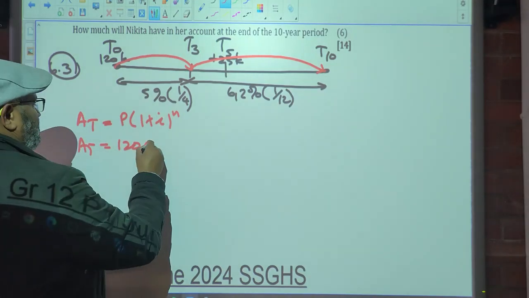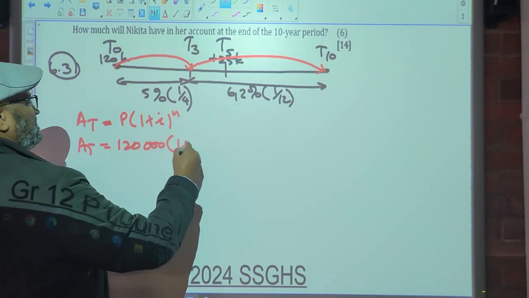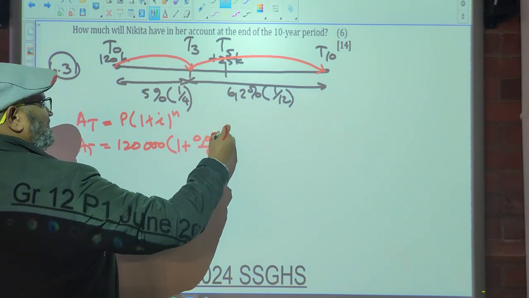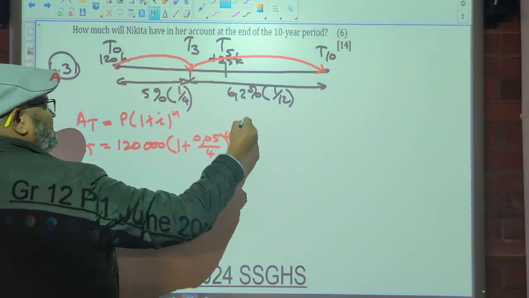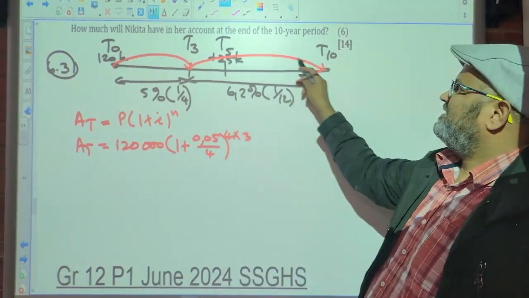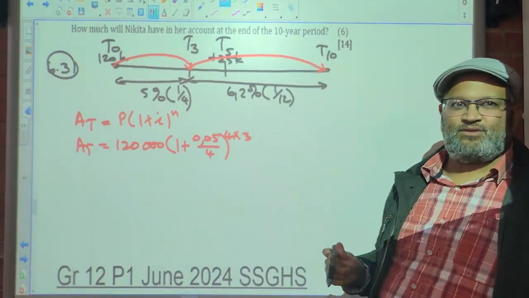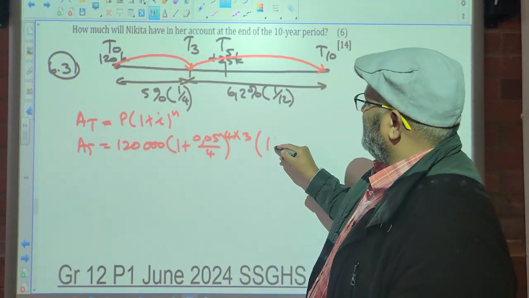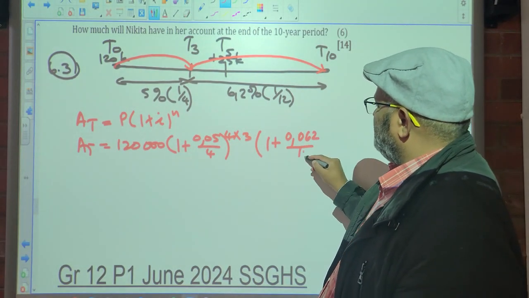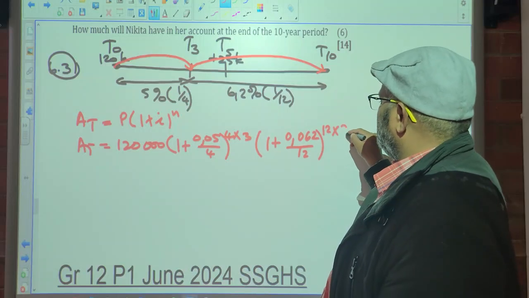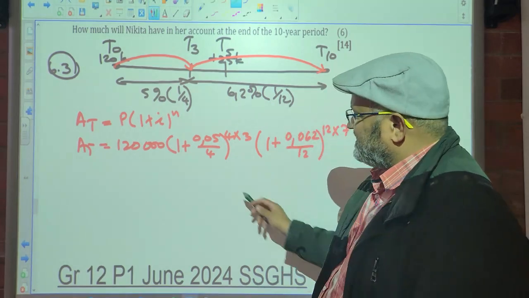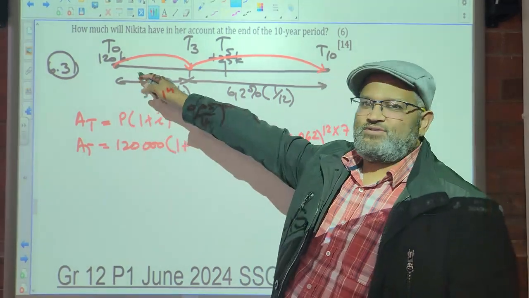So it's 120,000 into 1 plus 0.05 over 4 to the exponent 4 times 3, and that's for 3 years. Then you draw another 7 years of interest, so it's into 1 plus 0.062 over 12 to the exponent 12 times 7. That is what's going to happen to the 120,000.